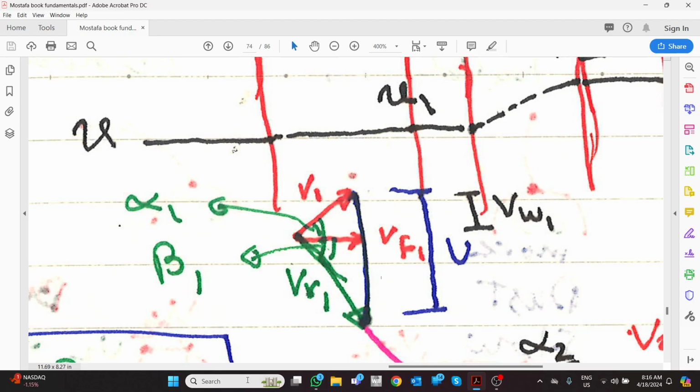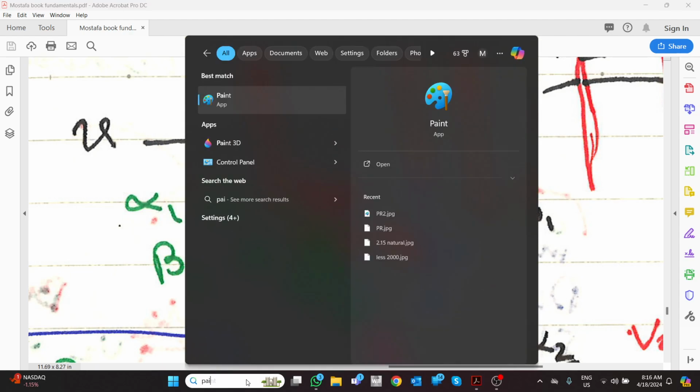In another way, let's do it in a vector diagram. If you have, this is VR.